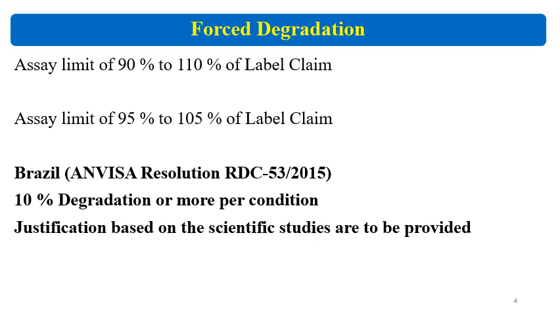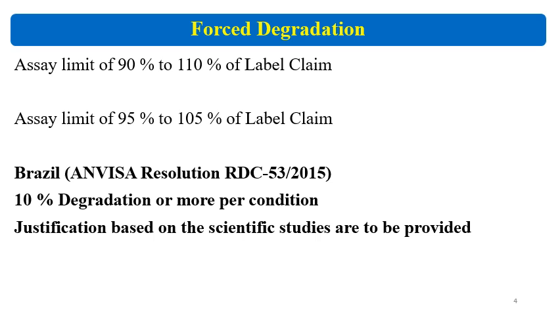One guideline is there from ANVISA that says 10% degradation or more per condition is enough or can be enough. The lower or higher degradation should be justified based on scientific studies, and these are required to be provided.